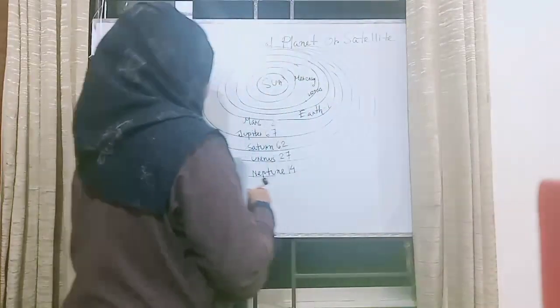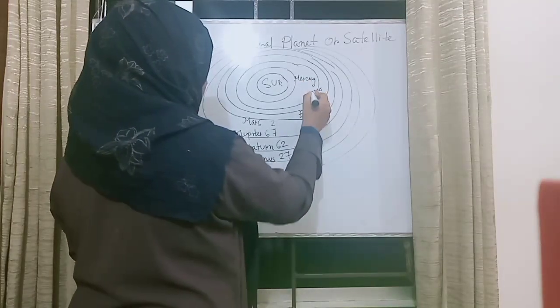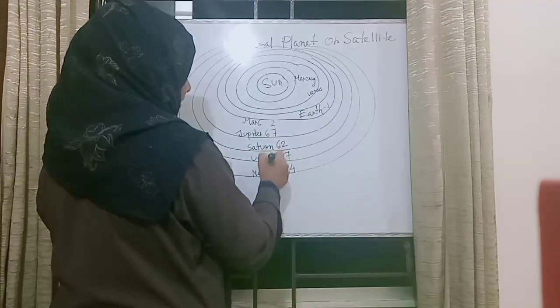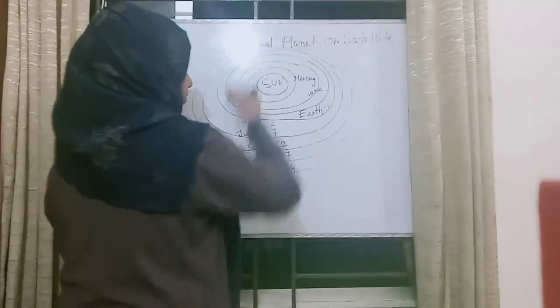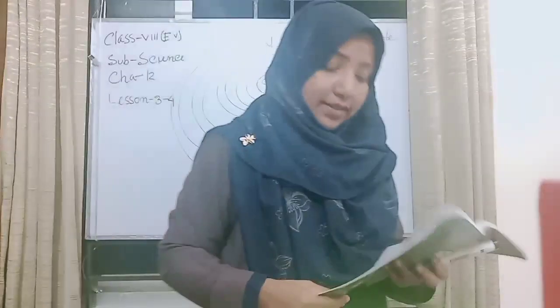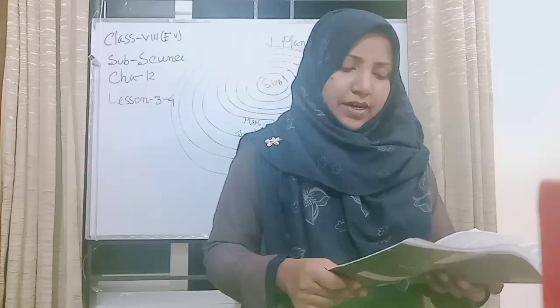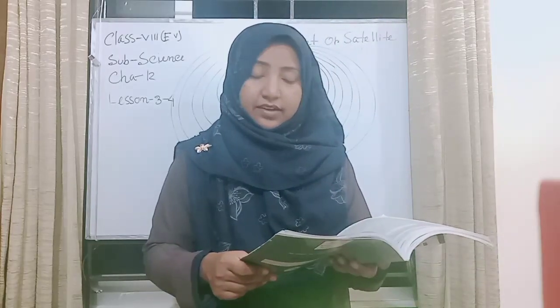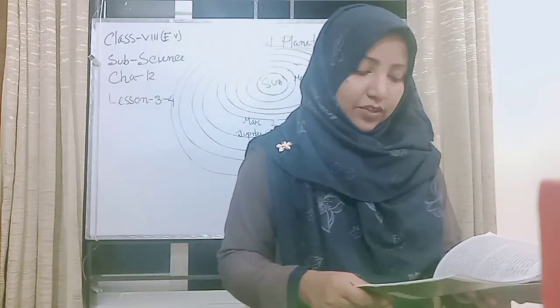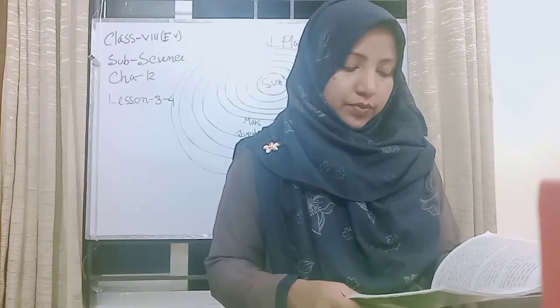Here are the 8 planets, 1, 2, 3, 4, 5, 6, 7, 8, and they are Mercury, Venus, Earth, Mars, Jupiter, Saturn, Uranus and Neptune.